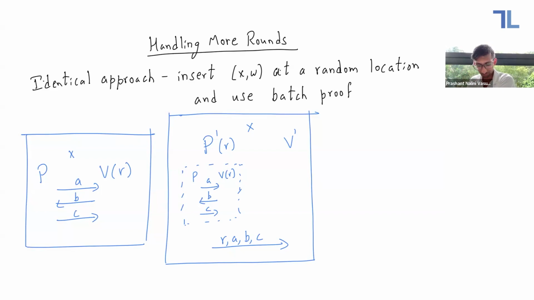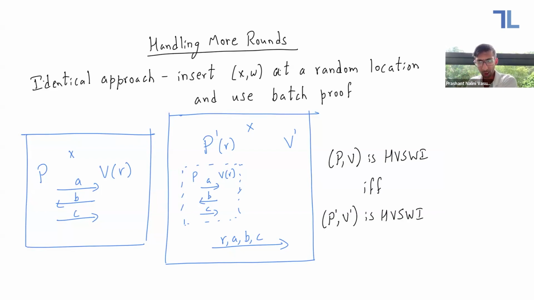And you can show that these two protocols are equivalent as far as honest verifier witness indistinguishability is concerned, or at least honest verifier statistical witness indistinguishability is concerned. And the latter protocol, the P prime V prime protocol, is pretty much what we just analyzed. So it's much easier to show that it satisfies this honest verifier witness indistinguishability condition, which then implies that the interactive protocol also satisfies this.